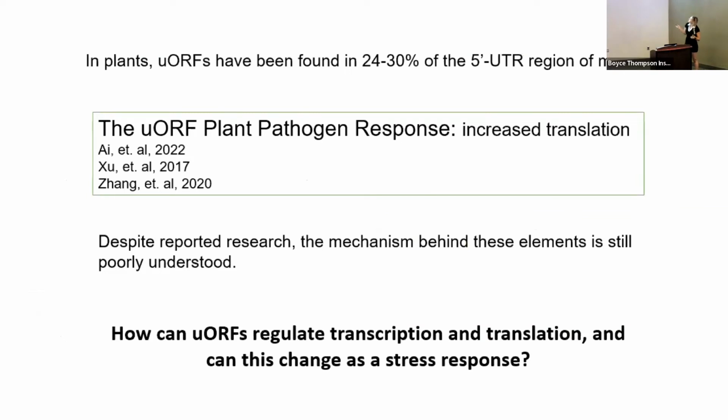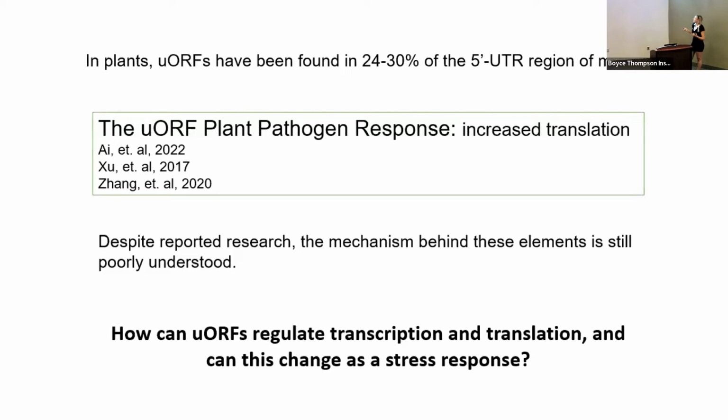So in plants, uORFs have been found in 24 to 30% of mRNAs. This is specifically 37% for Arabidopsis. Now, while I stated before that past research has demonstrated that these constructs tend to downregulate gene expression, interestingly, it has been found, and I've cited several studies that attest to this, that under certain environmental conditions, including pathogen attack, they can actually increase translation levels.